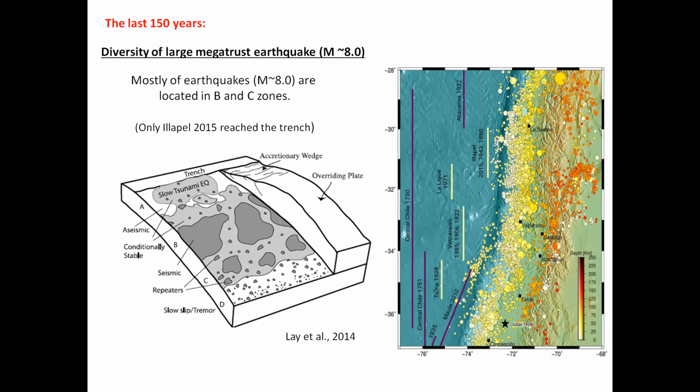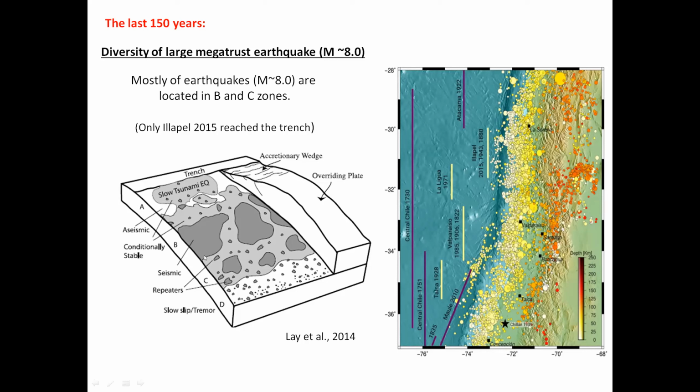One thing that I think is important to highlight is that all these events mostly occur in the deeper part of the plate interface, in this classification proposed by Lay, Kanamori, and the group of today.